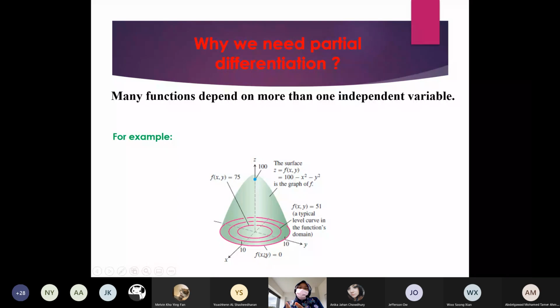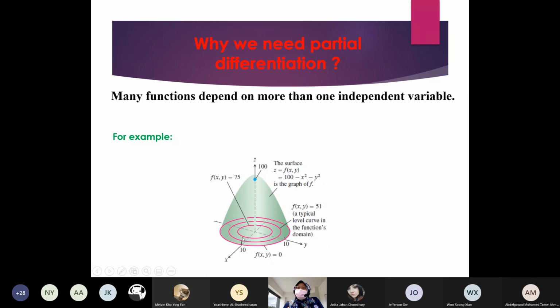So x and y here is equal to 0, and the function is equivalent to 0. When you go inside, the function of x and y is equal to 75. At the middle one, the function is equal to 51.